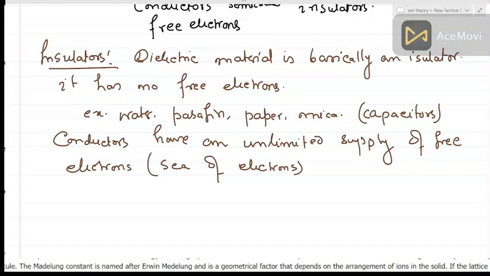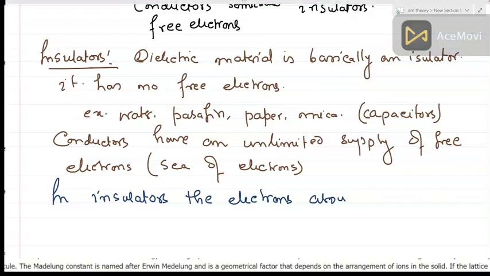But insulators do not have any free electrons. What is meant is that all the charges or electrons are attached to specific atoms or molecules in a tight binding, like a tight leash. Their movement is restricted. They are not free as the electrons in a conductor.